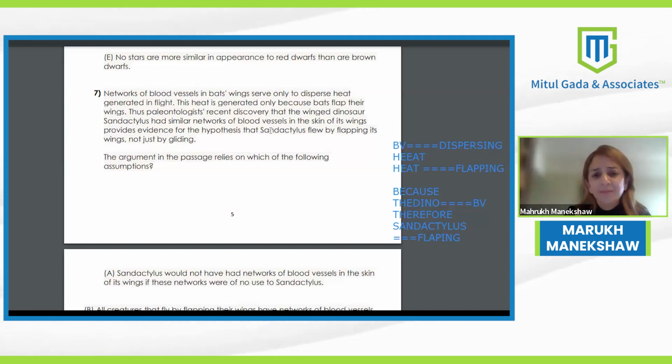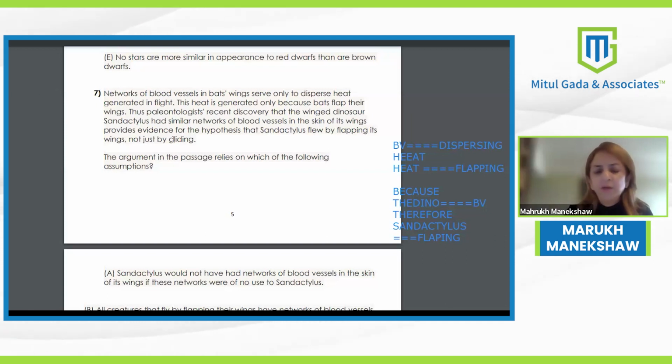If a Syndactylus has blood vessels, but they are of no use, or they perform some other function, they do not even do what blood vessels in bats' wings do, then again the argument is weakened, which means the assumption is that the function of these blood vessels in dinosaurs has to be the one as in bats. Okay? And that should help you.